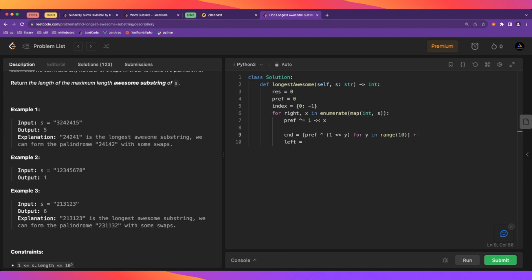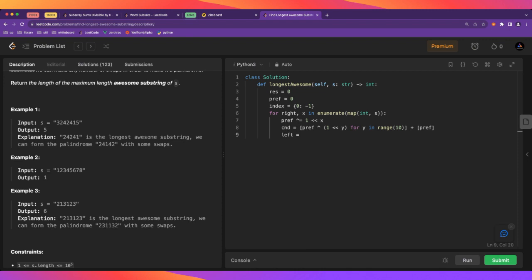And we said that there were 11 because it could be the case where none of the bits are on, in which case the candidate is pref itself. And now for each of the potential lefts in the candidates, we want to know if left is in the index dictionary, because if it's not, it means that we never saw that prefix, so we cannot use it.